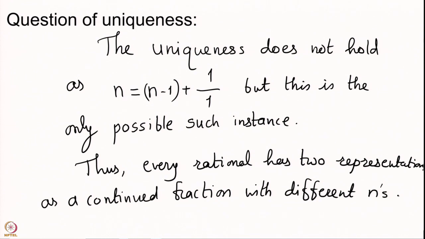So, if you have a continued fraction representation for n integers involved there, then you will have another with n plus 1 integers or n minus 1 integers. This is the only difference that we will have for a continued fraction representation for a rational number. This is the small thing that we have to be careful about whenever we want to write any rational number as a continued fraction.